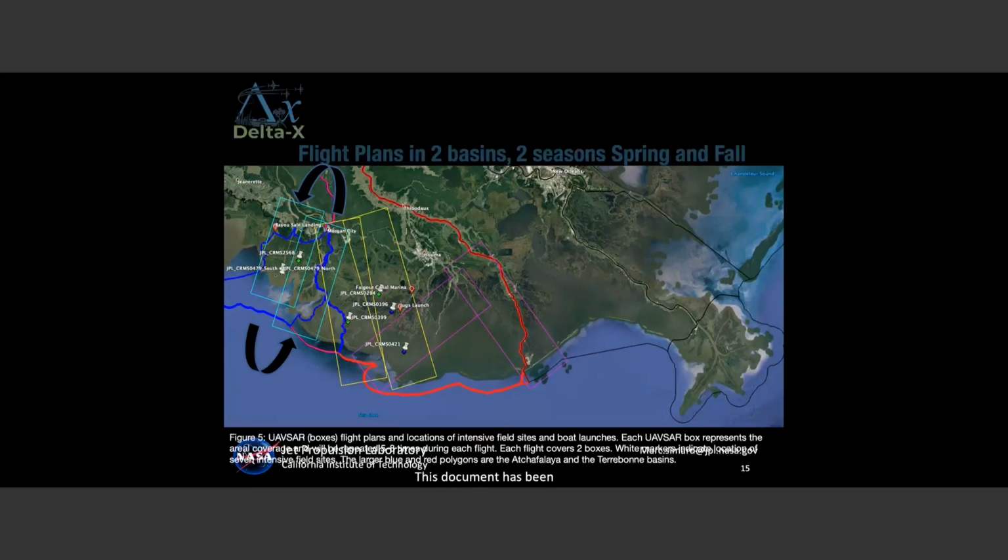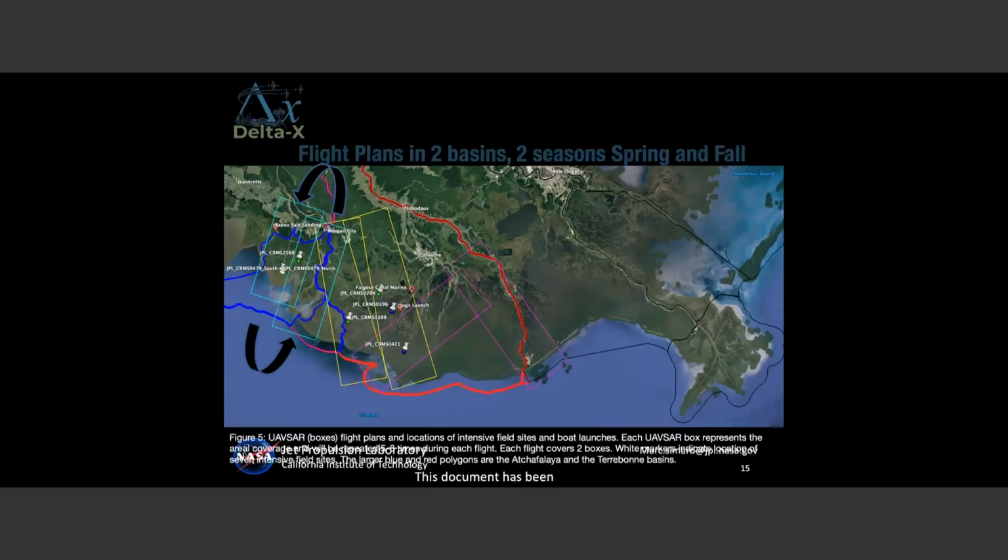So we did that 3 times during high tide, low tide, and receding tide. And we did that for those 3 boxes. And we also did that for the spring and the fall. So the spring and fall gives us a way to capture the full range of hydrodynamic states in the system.